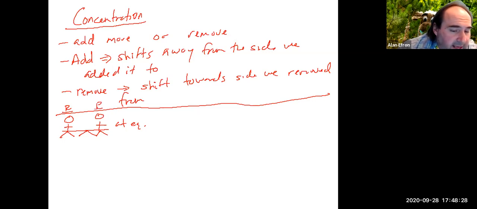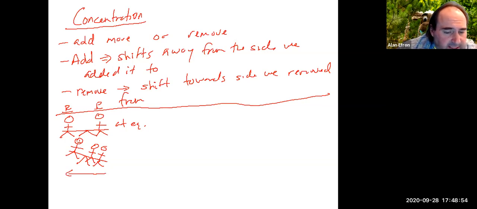And when we add more product, so somebody hops on the right-hand side, this situation is going to occur. And to fix this situation, we need to put more people on the left-hand side. So we add it to the right, it's going to shift to the left, and once again return to equilibrium at that point.